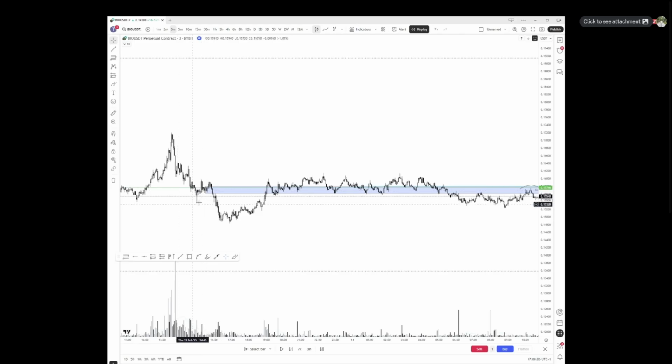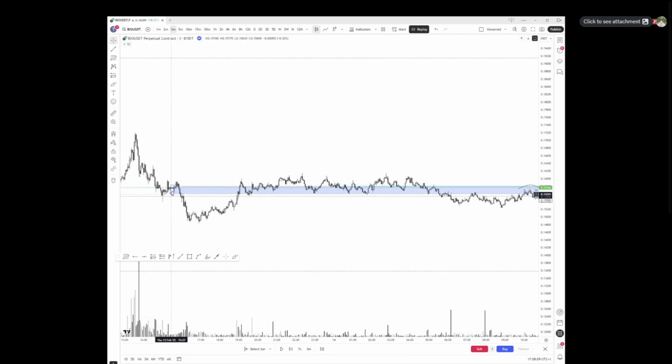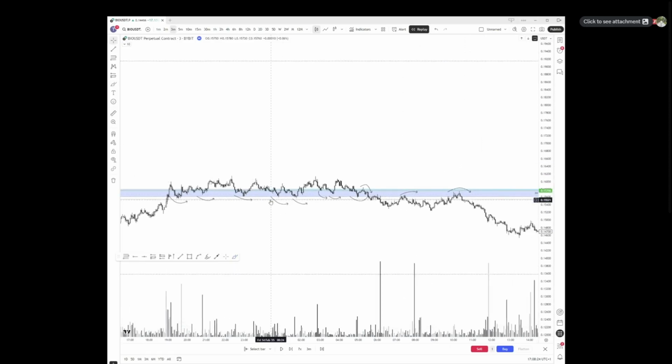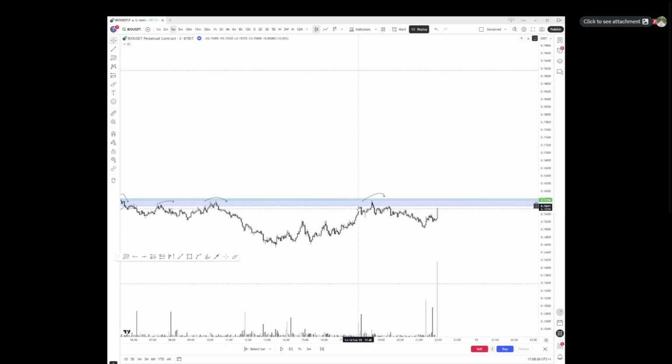I mean, this isn't the greatest example, but you can see price just chopping around, creating OBs, and we've got reactions everywhere. And then once we flip it, you can see it's playing out.